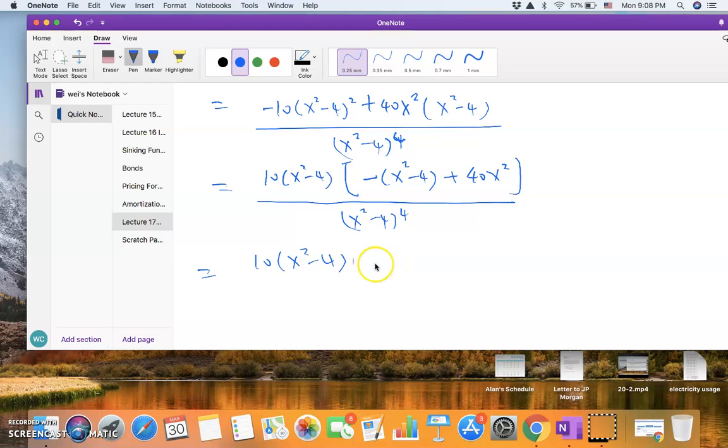So finally, the second derivative is 10 times 39x squared plus 4 over x squared minus 4 to the fourth power, and the x squared minus 4 can be cancelled out.